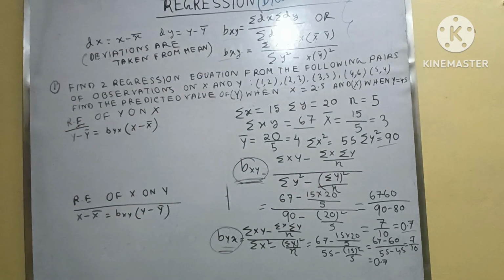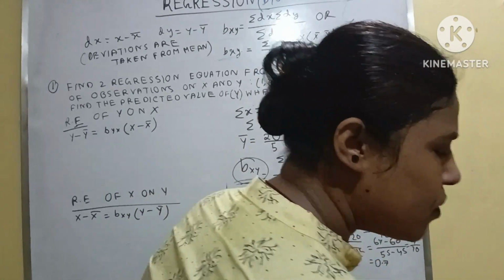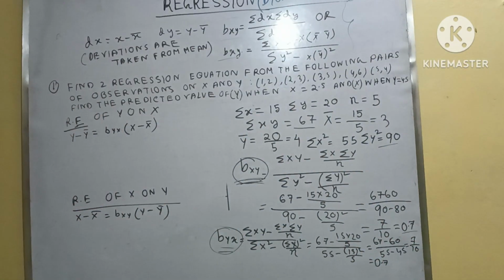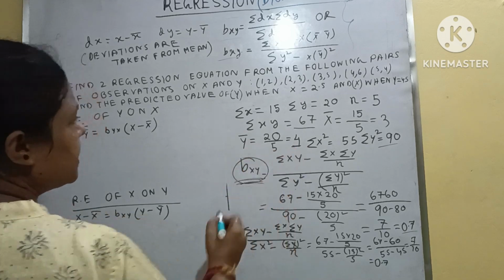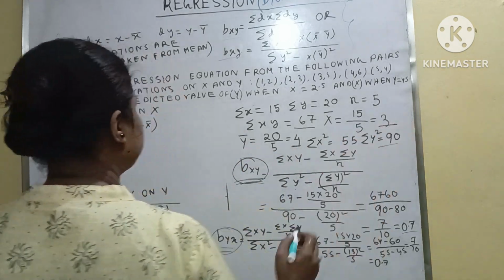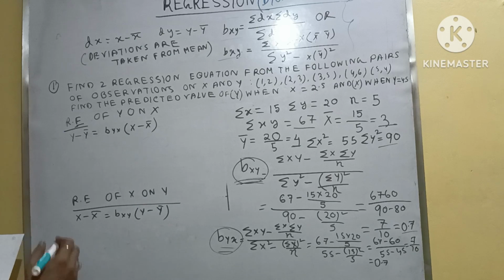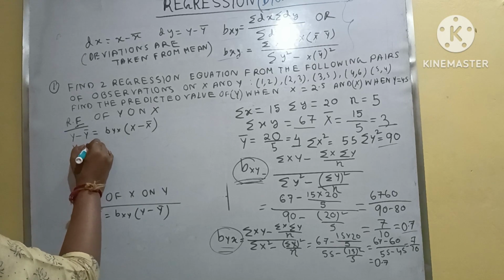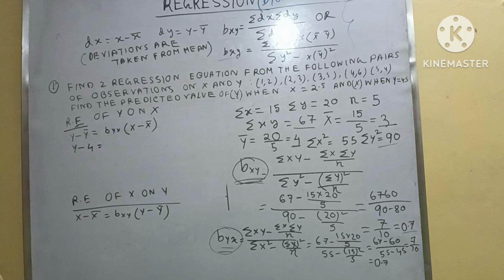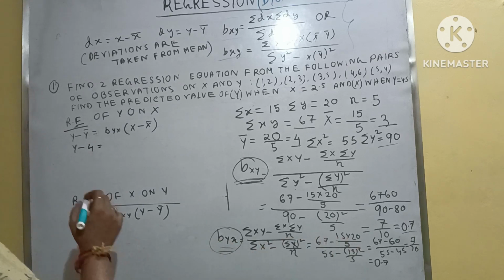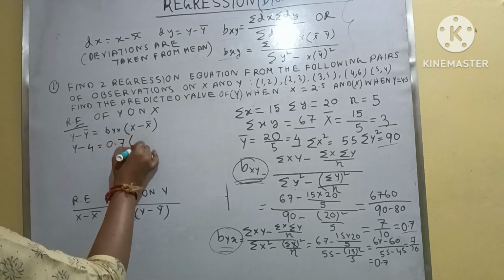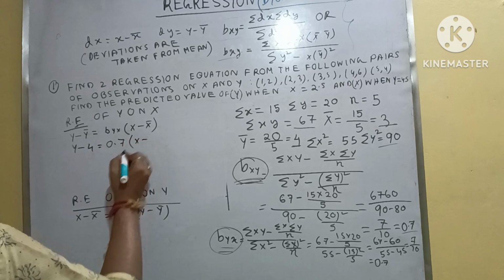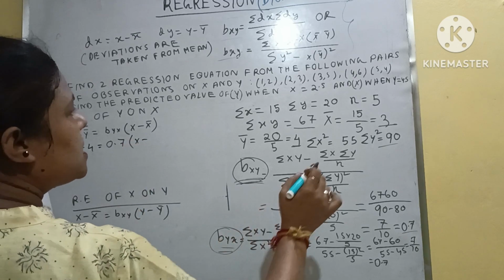So what is the value? y bar is this one, clear, and x bar is this one. So y minus y bar equals y minus 4, and the byx value is 0.7, clear. So 0.7, and x minus x bar is what? x bar is 3.